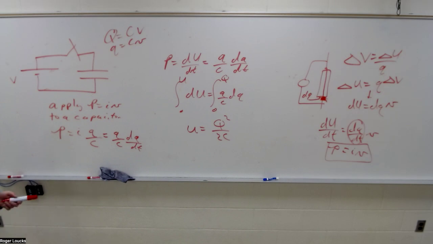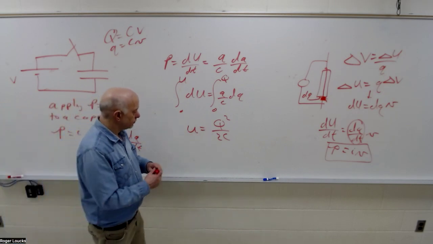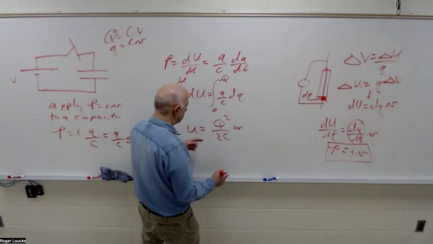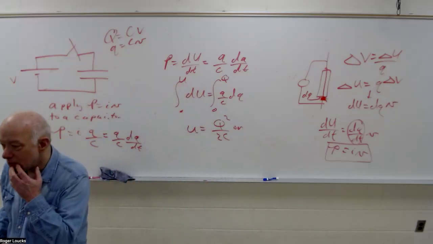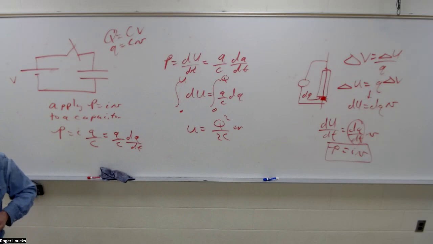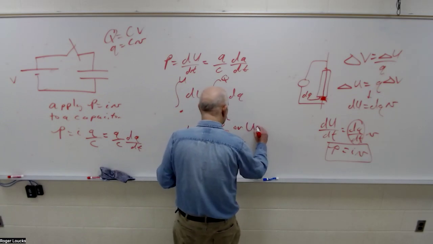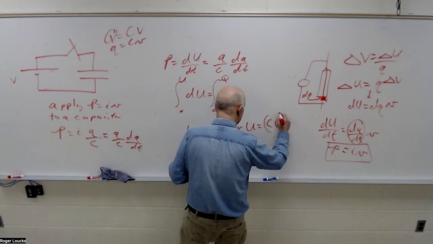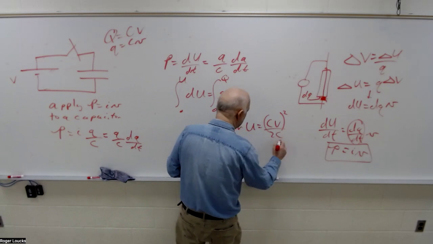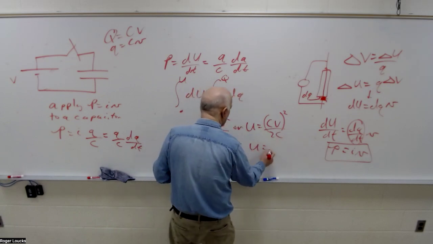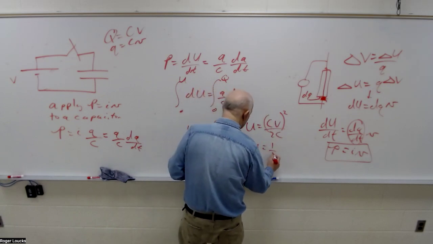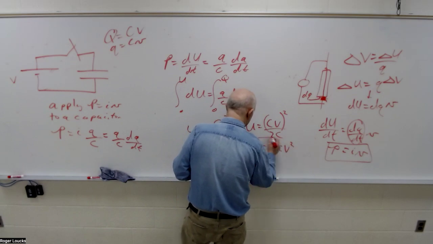What's another way to write this? What do I know about capital Q? Is there another way to write that? Q equals CV. Or I can write this as U equals (CV) squared over 2C. One of the C's goes out, and this gives me 1/2 CV squared.